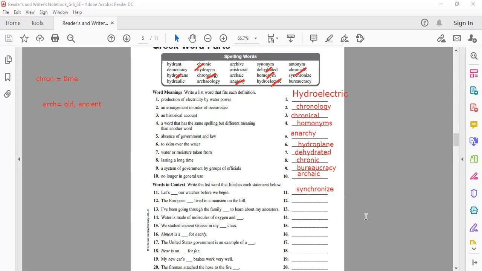And then we have number 12. The European lived in a mansion on the hill. Who are the people who have a mansion or palace? Are those rich people or poor people? Rich. Rich people, I call them also what?